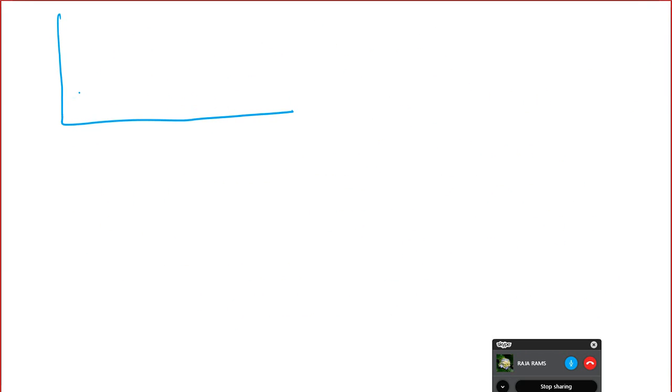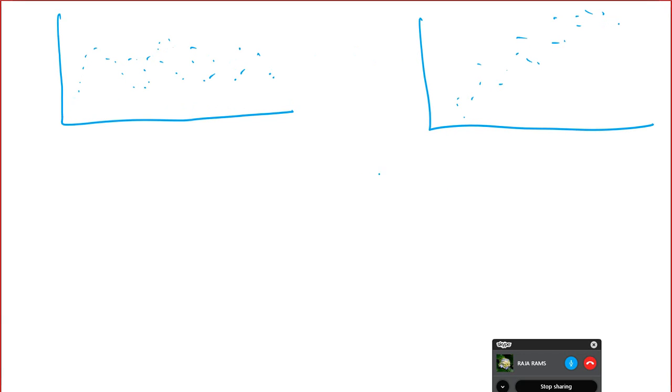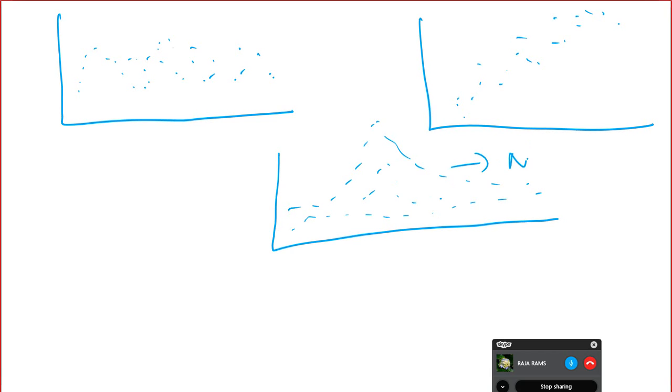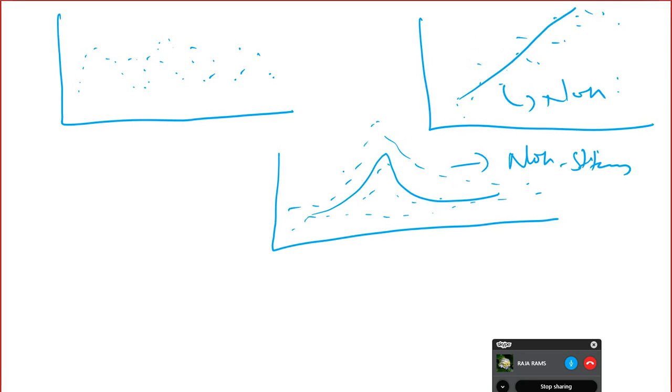Just look at these two graphs. If there is a non-constant mean or non-constant variance, then it's non-stationary. This is non-stationary because the mean is not constant. Here also the variance is not constant, but here the variance is constant and the mean is also constant.